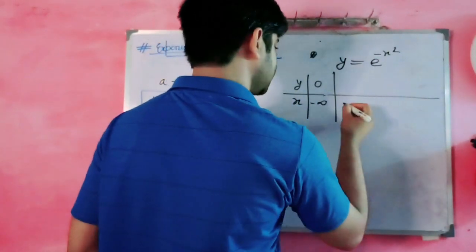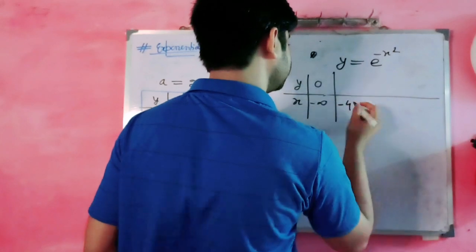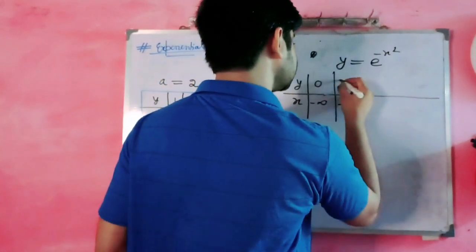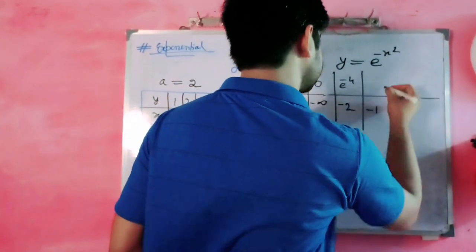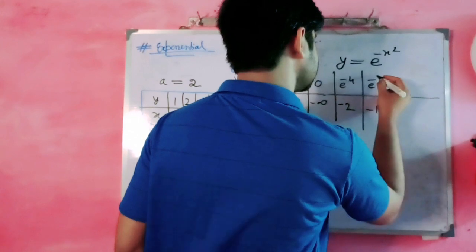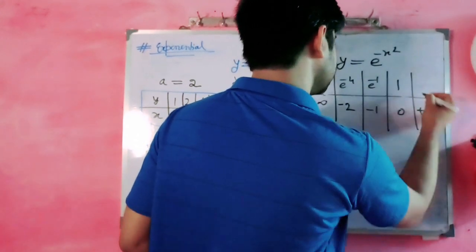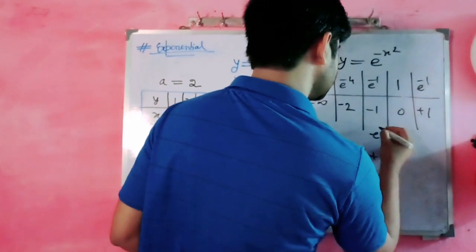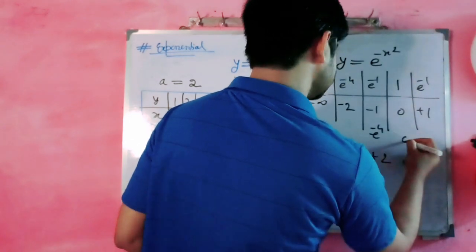Then say x equals minus 2, it will be e to the power minus 4. For x equals minus 1, y equals e to the power minus 1. At 0, y is 1. Similarly, at plus 2, e raised to minus 4, and at infinity it will be 0.